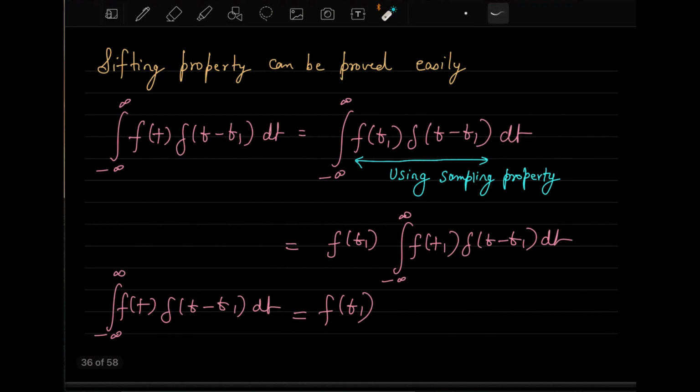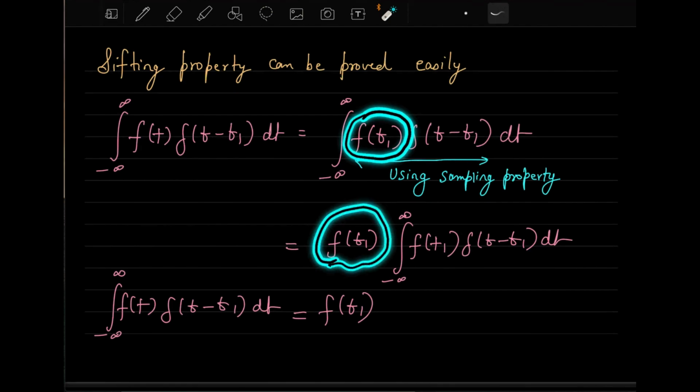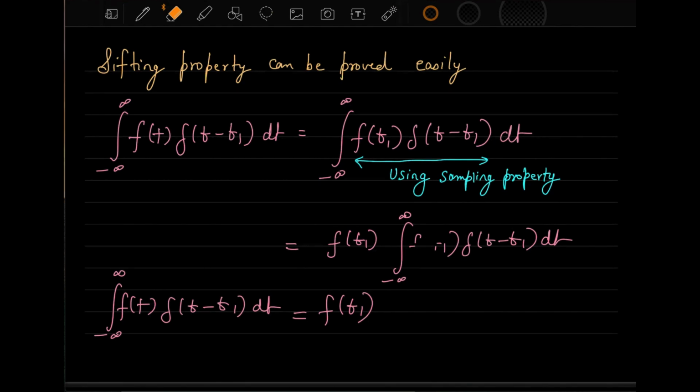Once you do that, you know that this particular thing is independent of time t, so it will come out. And now you are integrating between minus infinity to infinity. Sorry, this will not be there. So now you will be integrating from minus infinity to infinity delta t minus t1. You already know that this value will turn out to be 1.